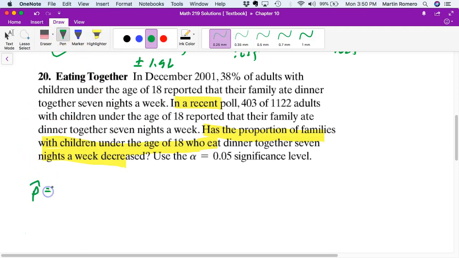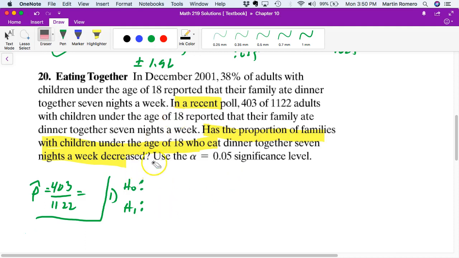And so how do we start a hypothesis test? First, I need to know what p hat is. So p hat's going to be 403 over 1122. We need to get that value. Okay, that's the first thing. The next thing is step 1, we need to know what the null hypothesis and alternative hypothesis are. In this case, if there's been no change since 2001, the proportion we're looking at is 0.38.